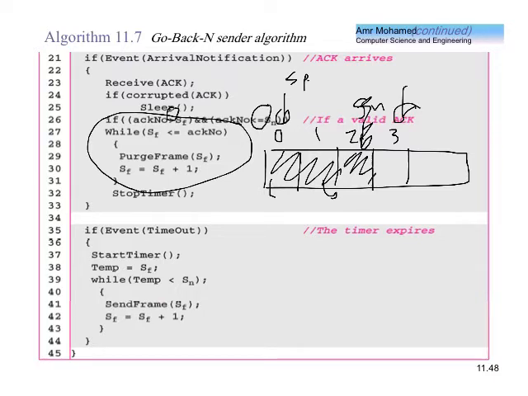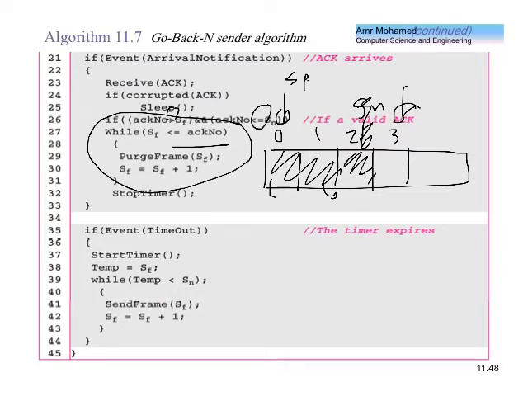I have to slide the window all the way up to the acknowledgement number, because this means that the receiver has received everything, so it's okay for me to slide the window all the way until I hit the acknowledgement number. So while SF is not the acknowledgement number or equal, keep sliding the window. So I can slide the window here potentially more than one time.